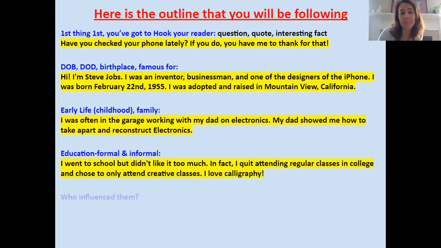So let's keep going. Who influenced Steve Jobs? Well, I definitely know a couple people that influenced him. He did work on electronics later on in his life. And so we know that his dad definitely influenced him with his electronics, but he also made a friend. Steve Wozniak became a friend of his and a fellow computer designer with him.